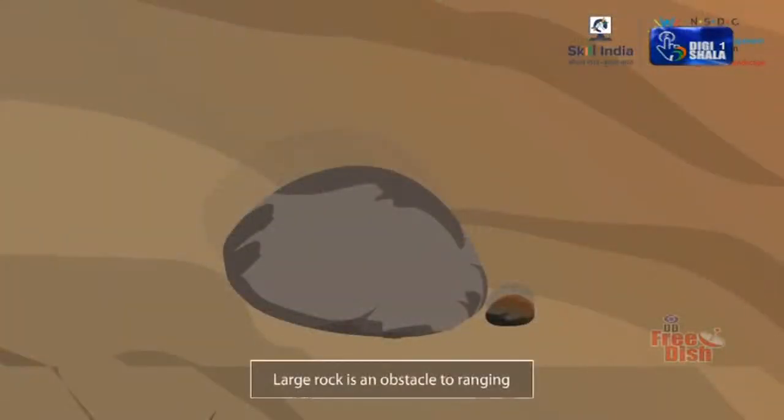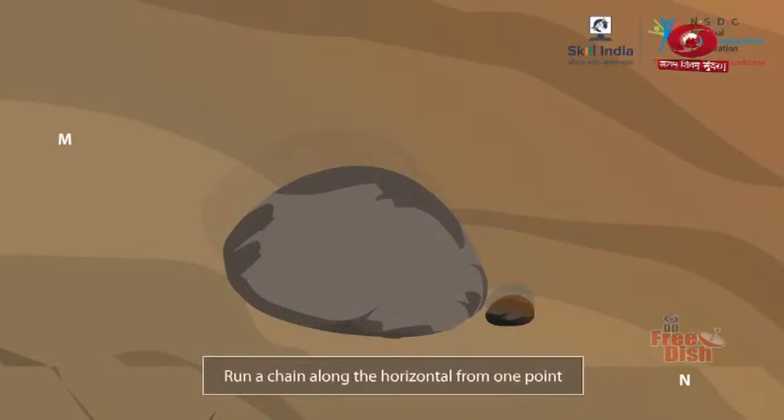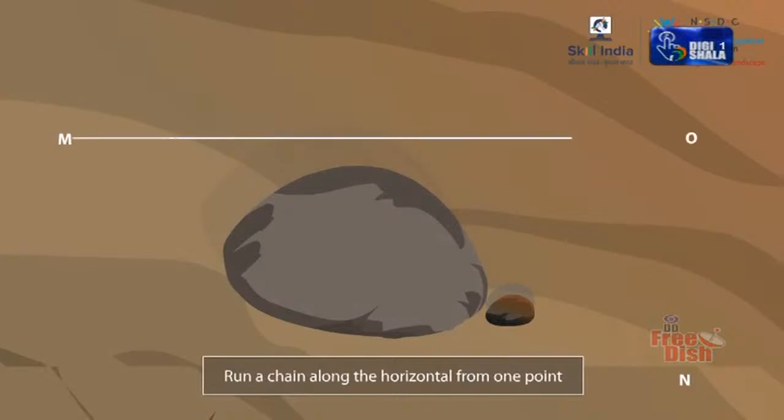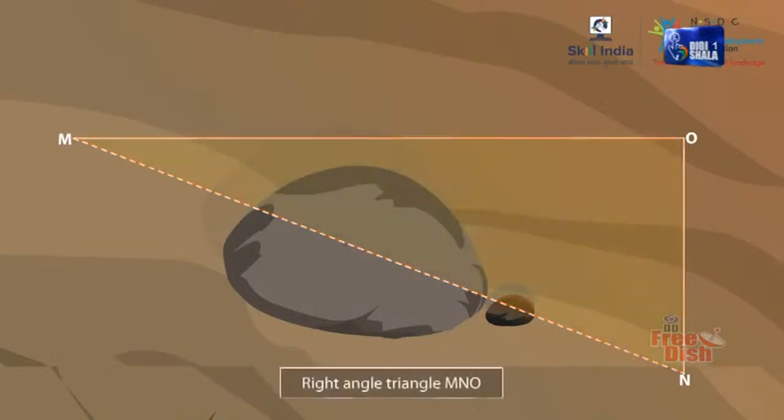Now, take a look at the points M and N. There is a large rock between them, so ranging cannot be carried out. But you can run a chain along the horizontal from M towards N up to the point directly opposite N, which is O. After that, run the chain from N to O. In this way, you obtain a right angle triangle MNO.